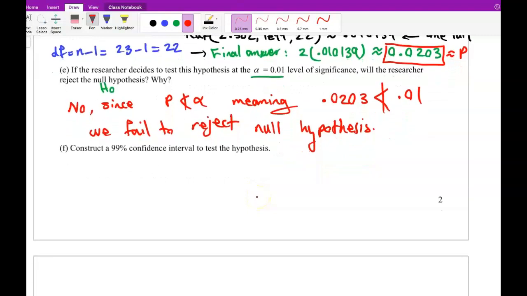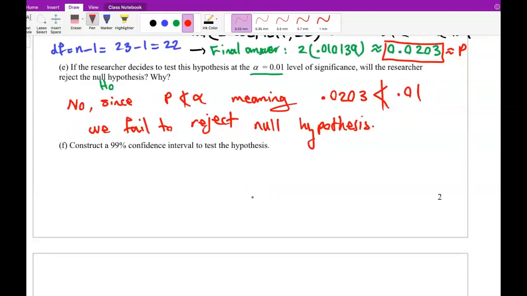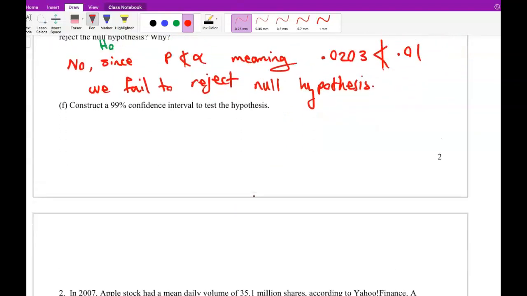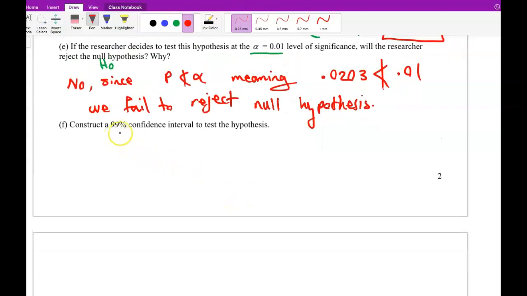Okay, so that was part E. Now part F. Construct a 99% confidence interval to test the hypothesis. Okay, we did this part before, so exactly the same rule, same steps.